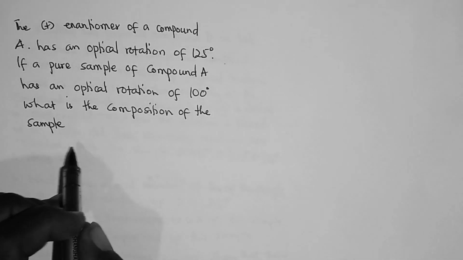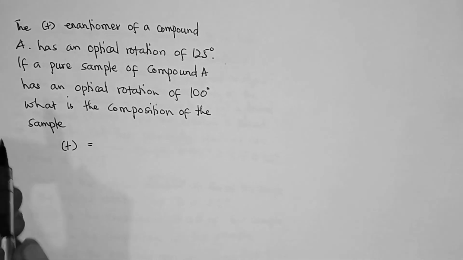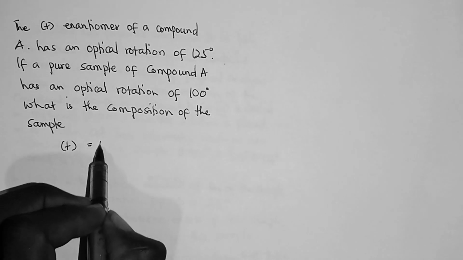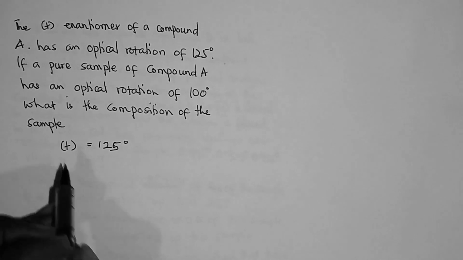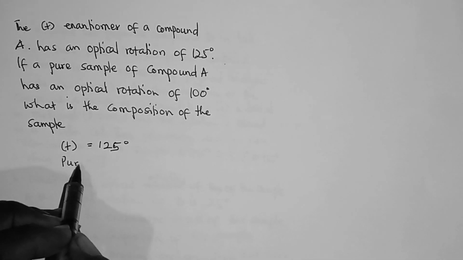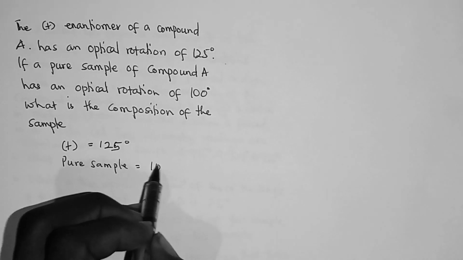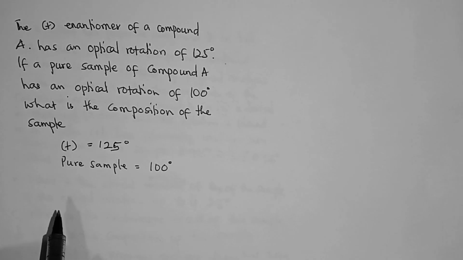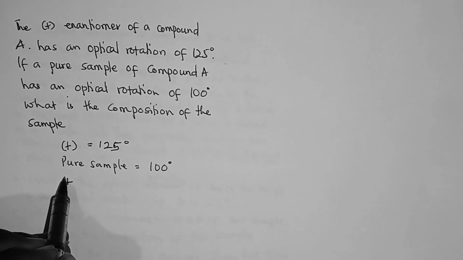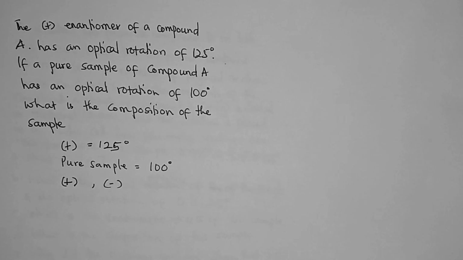Alright, so the plus enantiomer has an optical rotation of 125 degrees, and then the pure sample has an optical rotation of 100 degrees. The question is saying we should find the composition of the sample. In other words, the percentage composition of the plus enantiomer and then the percentage composition of the minus enantiomer.